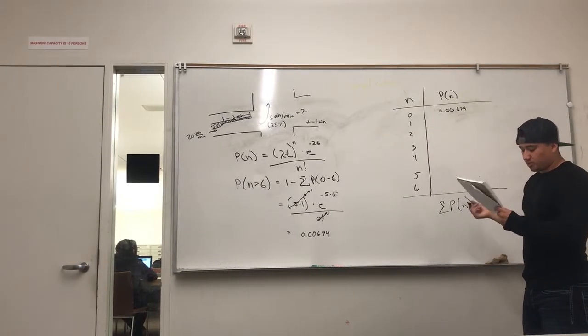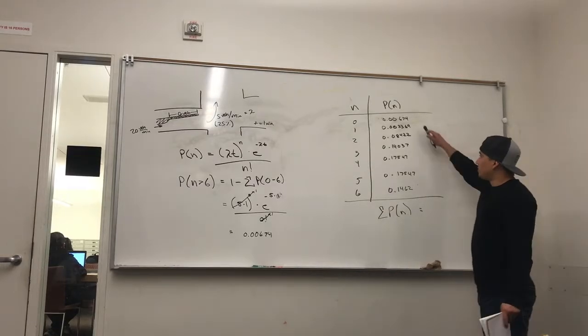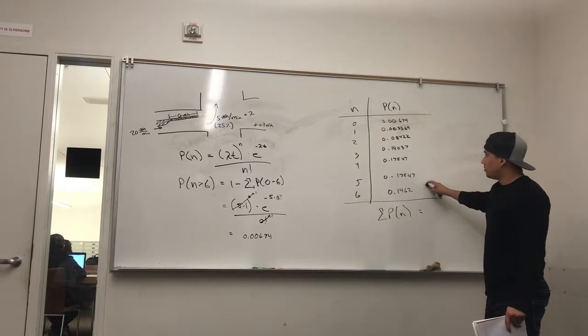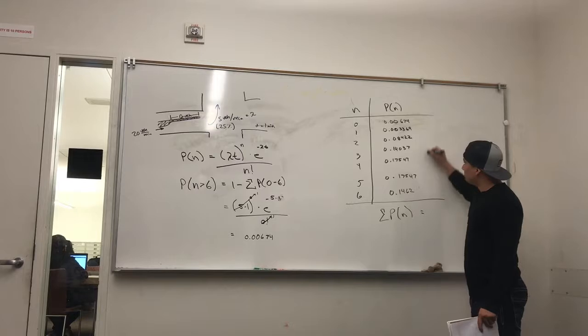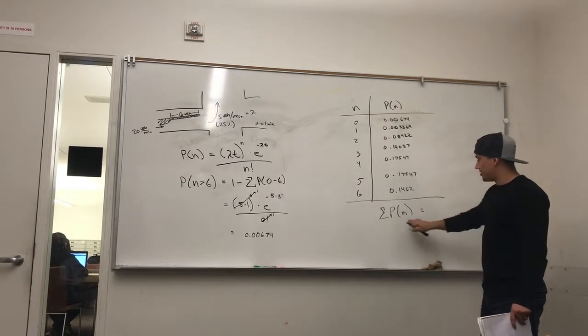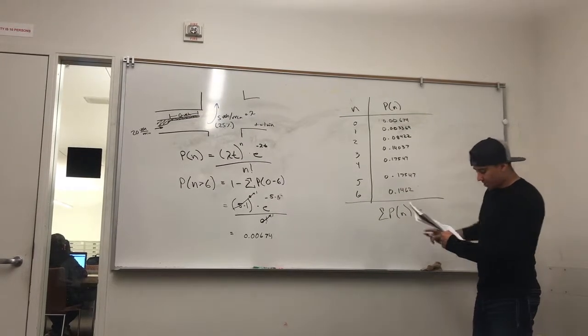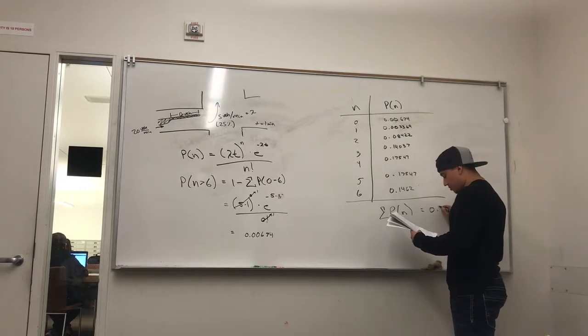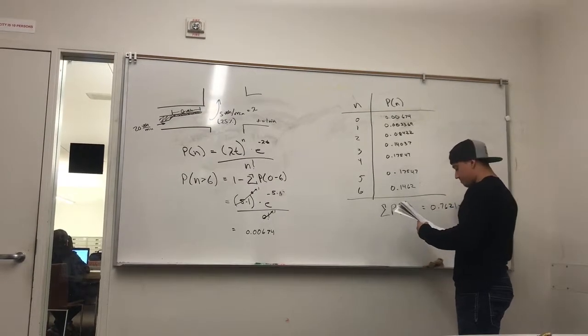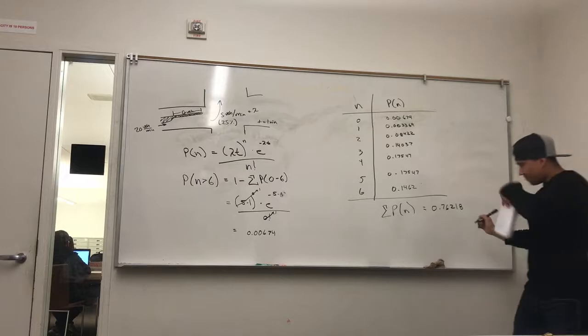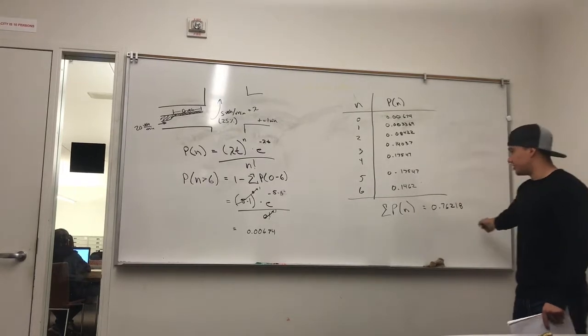So now that we have all the values, we could sum up all the Pn's, and our value will be 0.7621, which is the sum of all the Pn's.